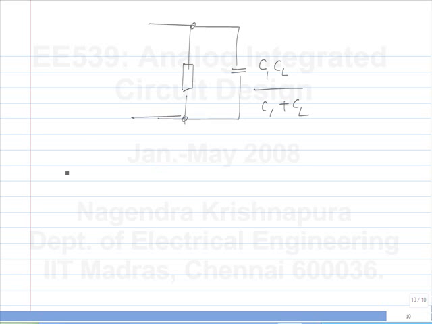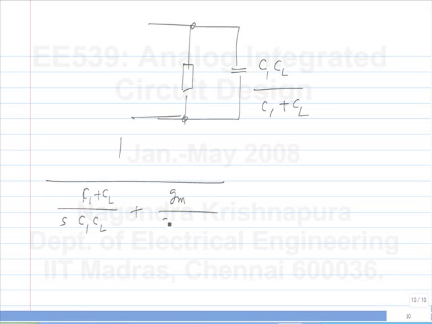So, I have to subtract, so this is the admittance of the entire circuit, the input admittance, minus, okay, this is the admittance without the GM. So what do I get? Sorry, this is CL. What is the answer I get?